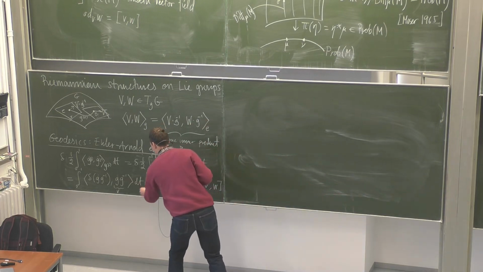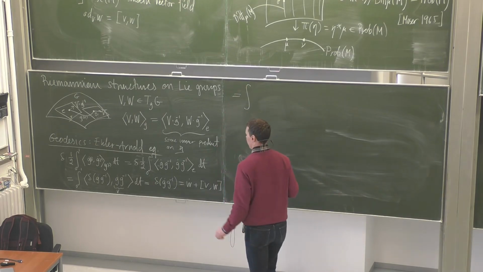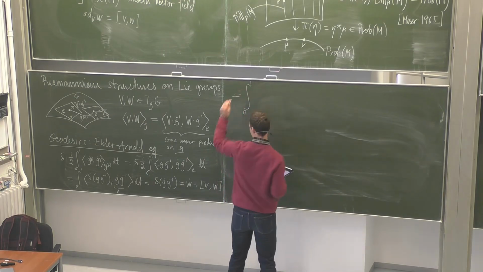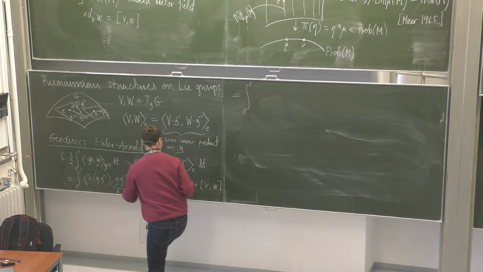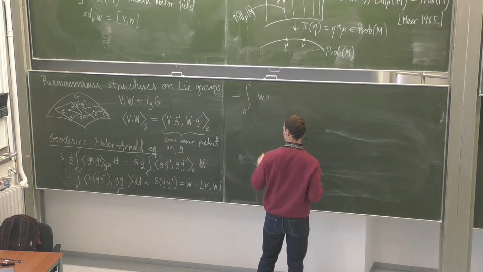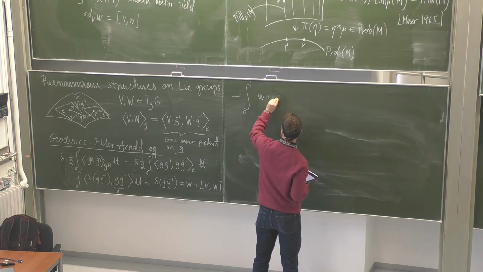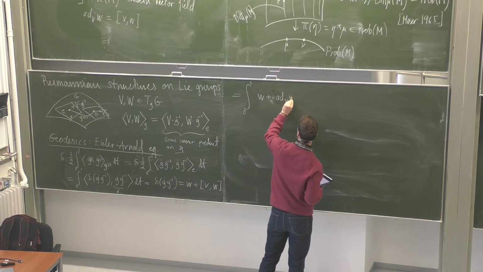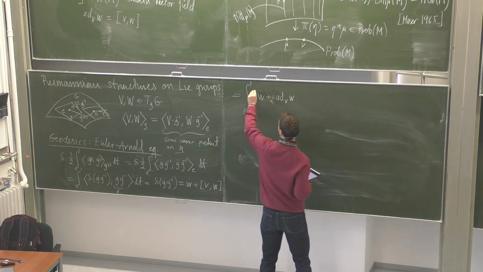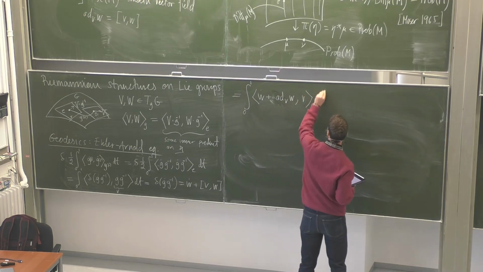Now we continue. What do we have? Then we have an integral from 0 to 1, and we now know what this variation is. It's W dot plus this bracket, which I write just as ad_V on W, then in an inner product with V, dt.